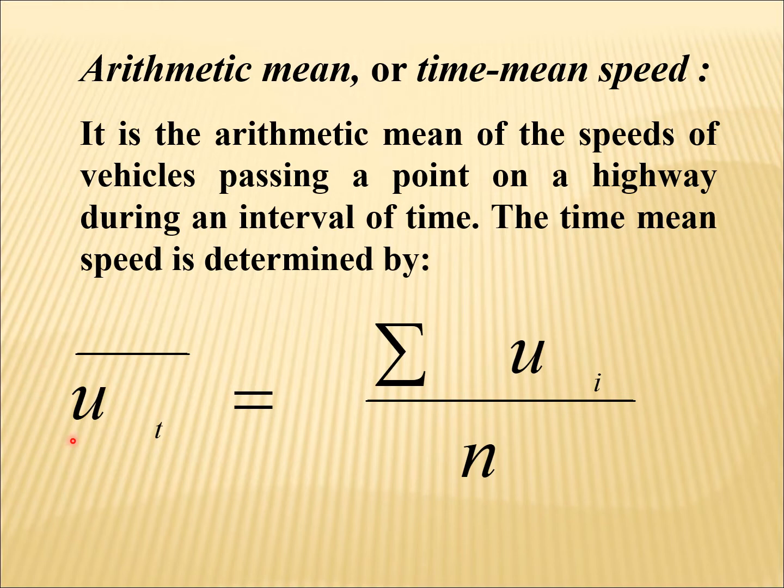So this is the arithmetic mean or time mean speed, and we just take the summation of the speeds of the different vehicles and divide it by the total number of vehicles.